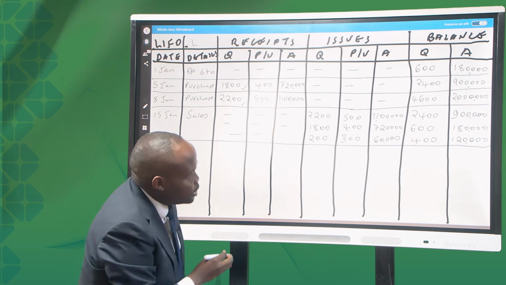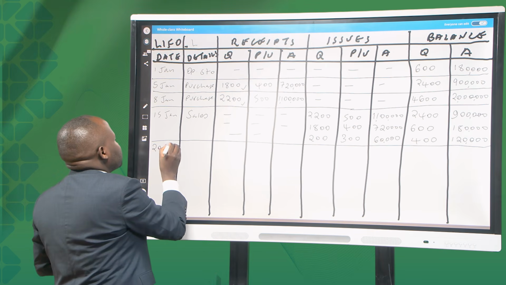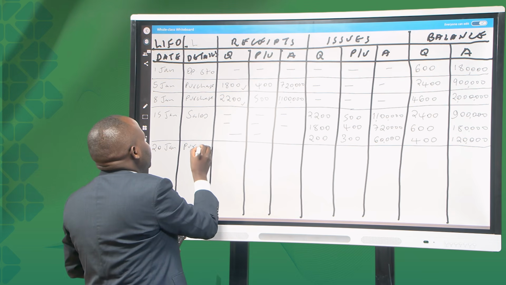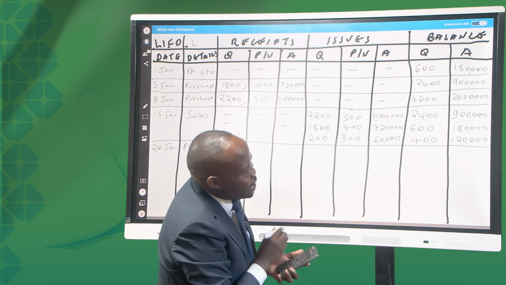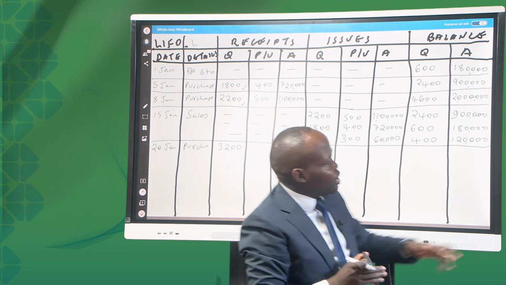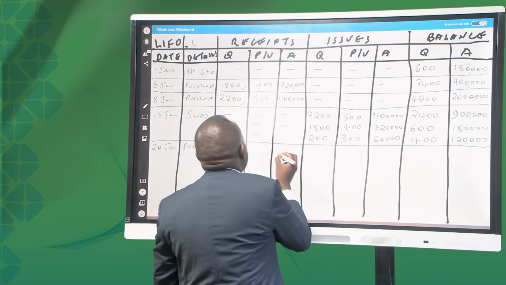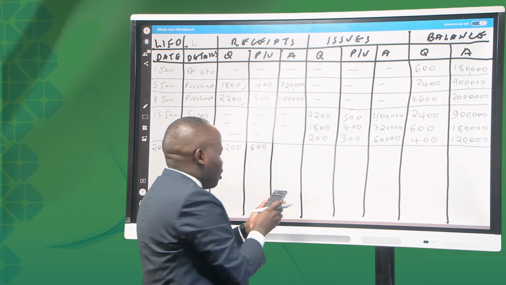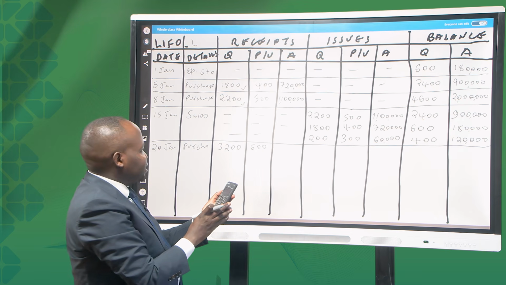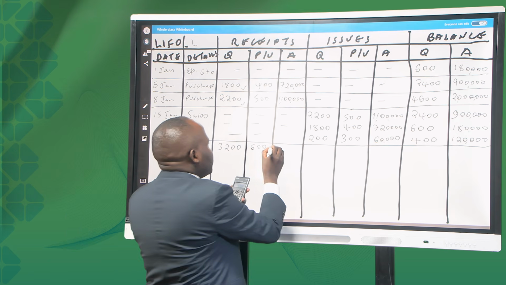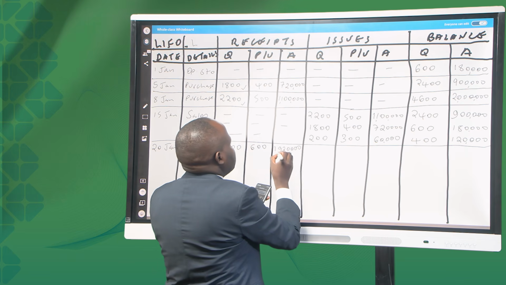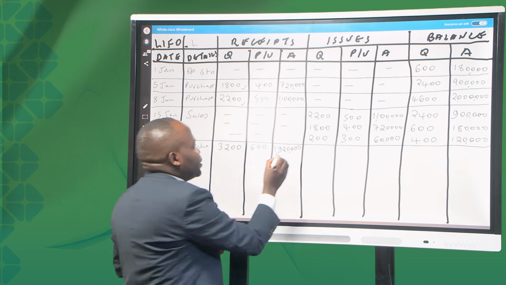We go to the next transaction, on 20th January. Now on 20th January, what happened? We purchased, so it's a receipt. We purchased 3,200 at a price of 600. So we do our multiplications using our calculators. 3,200 times 600 gives us 1,920,000.